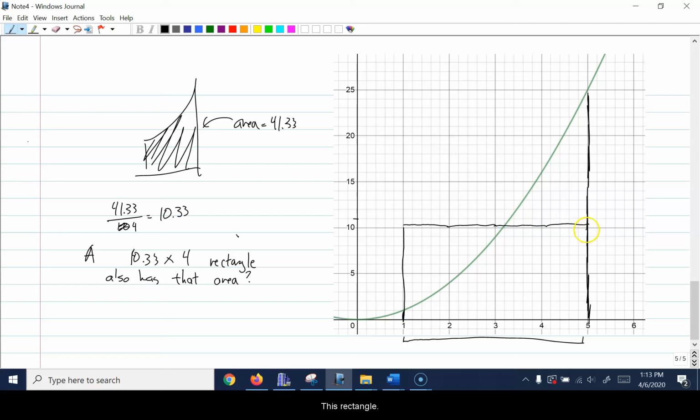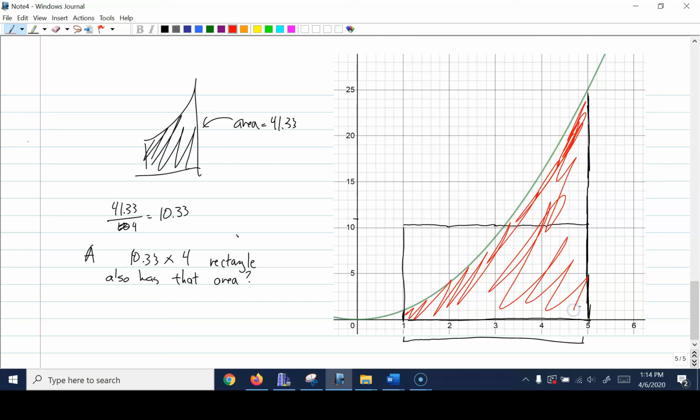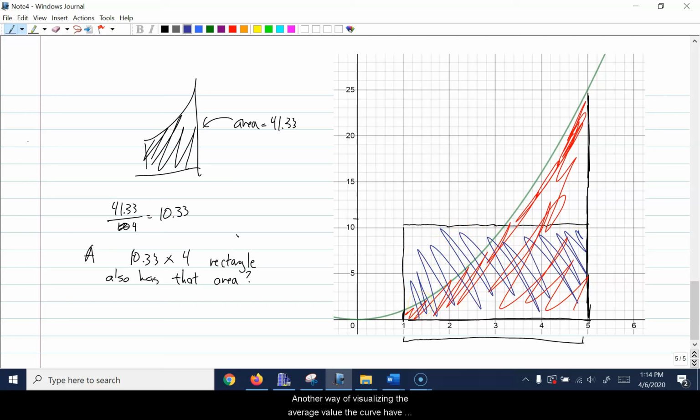So this rectangle has the same area as the region under the curve. This area is the same as this area, right? So here's another way of visualizing the average value.